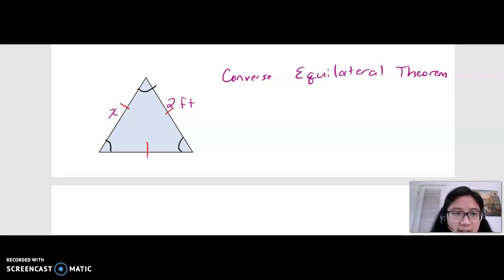So you can just set up your problem like this. X is equal to 2, and that's your value over here. This side as well will also be measured as 2 feet. Oops, I forgot the measurements.